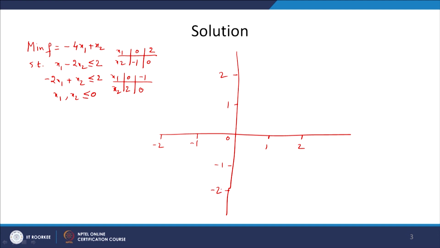The first line has to be plotted, that is 0 comma minus 1. So, 0 comma minus 1 is here. I will call this point A, and the second point is 2 comma 0. The first line has to be drawn.